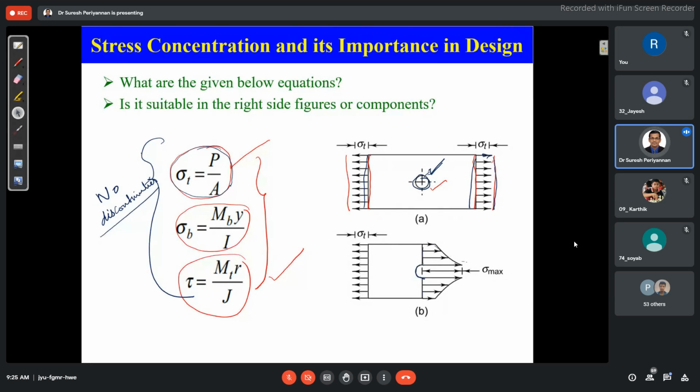But this stress is obtained from our elementary equations, sigma t is equal to P by A. Hence, we can come to the conclusion that stress concentration is defined as the localization of high stress due to the discontinuities present in the component.